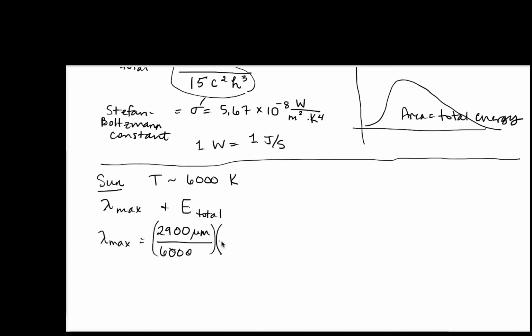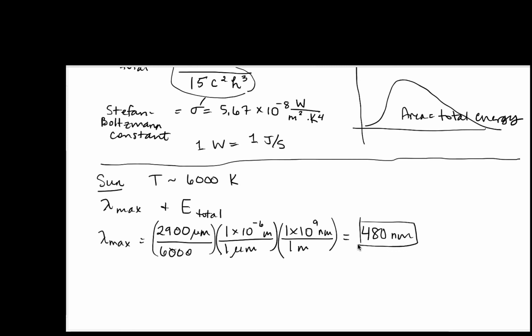I'm pretty sure that the sun emits in the visible range, so I'm going to convert from micrometers into nanometers. Indeed, you get about 480 nanometers.